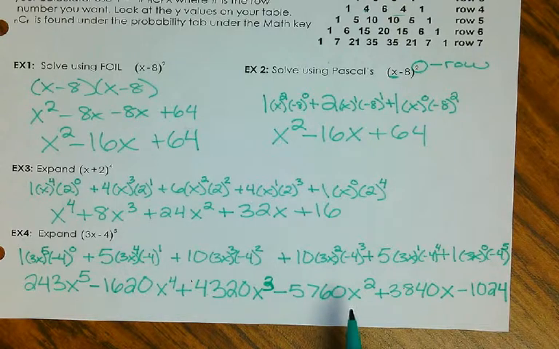Or I might say, what is the 4th term in the sequence? So then the answer to the 4th term would be negative 5,760 x squared. So just be careful on the way that the question is asked. Okay? Flip it over to the back and we'll have some more examples.